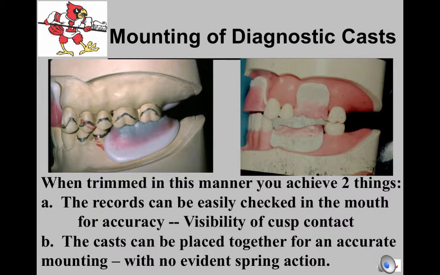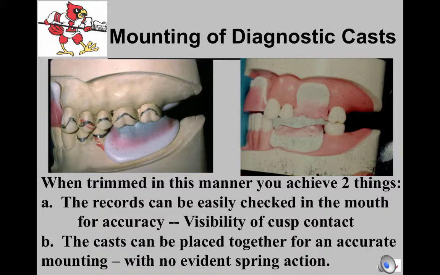When you trim the records in this manner, you achieve a couple of things. One, the records can be easily checked in the mouth for accuracy because you have complete visibility of the record. You can see if the left side and the right side are touching at exactly the same time and whether the anterior and posterior are touching at the same time.